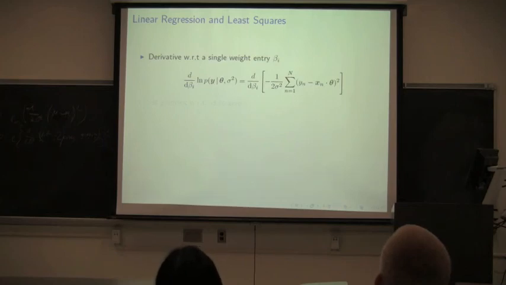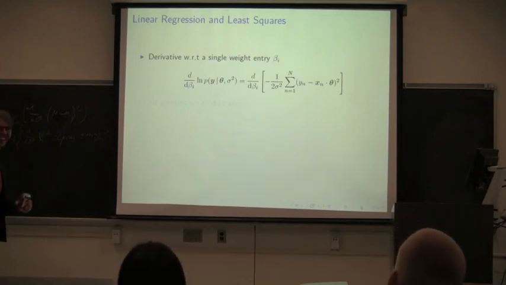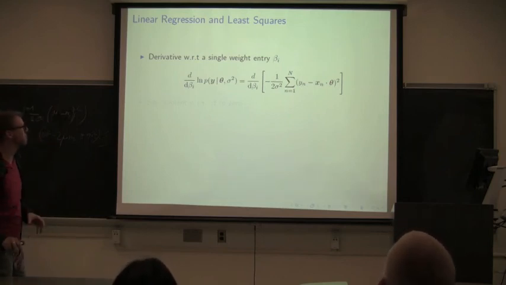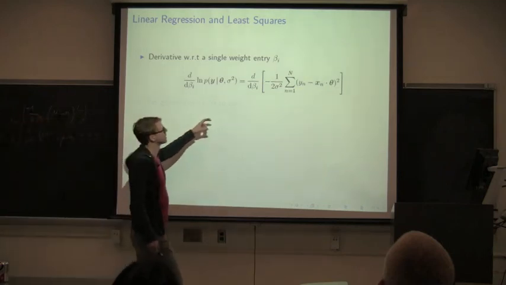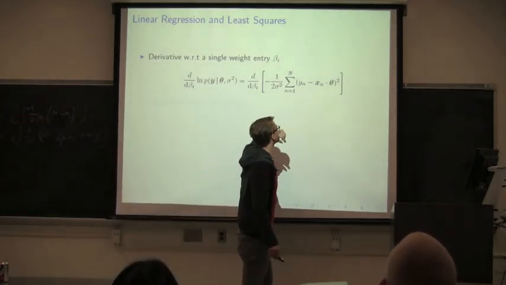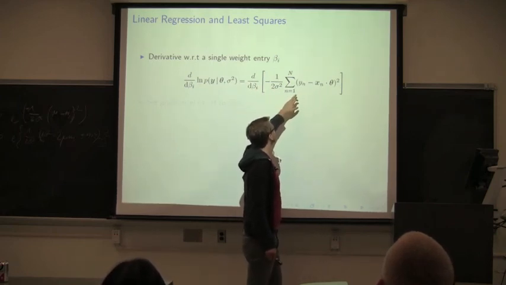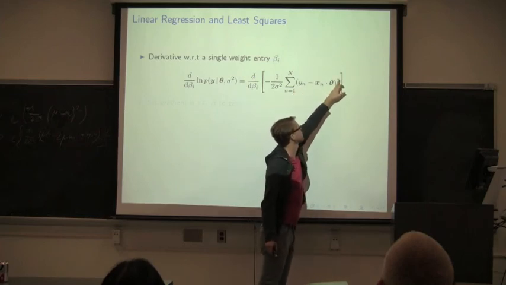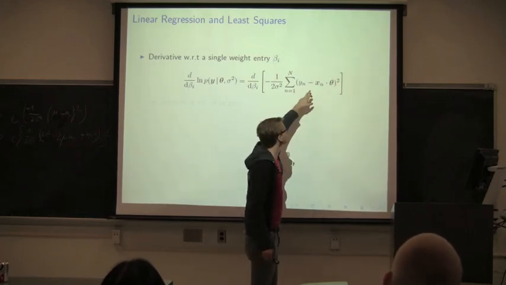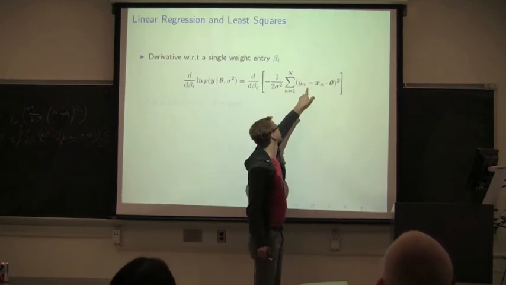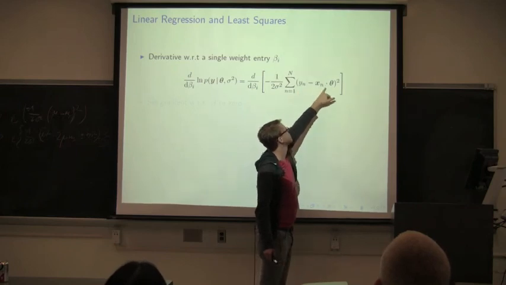This time there's nothing in shaded gray on the slide. Well, it's a sum, right? So it's the sum of squares. We first have to take the derivative of the squares again, which leaves us with 2 times the part in here times the derivative of this.